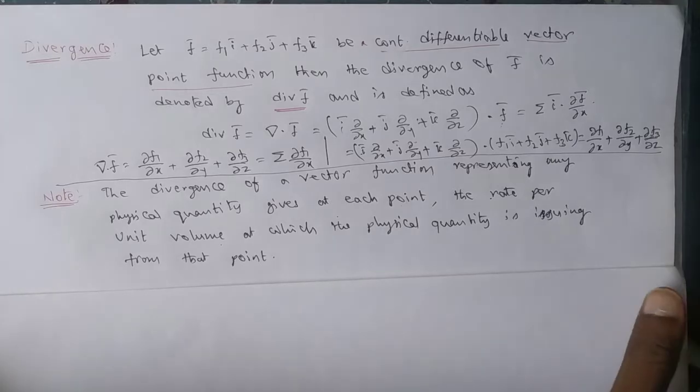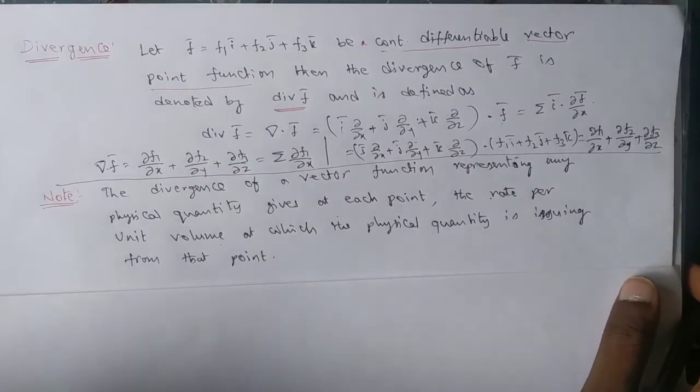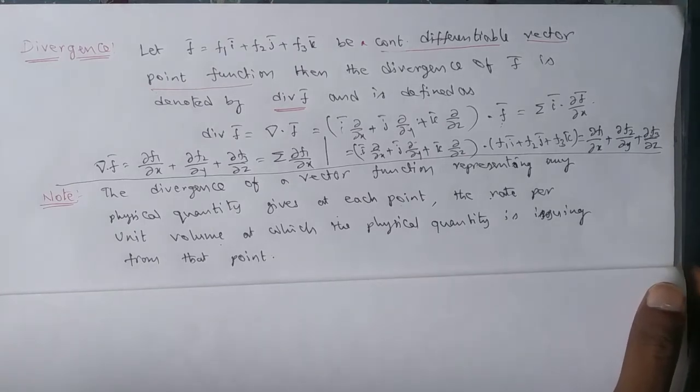Suppose f bar represents the velocity of a fluid particle, then div f bar gives the rate at which fluid is originating at a point per unit volume.